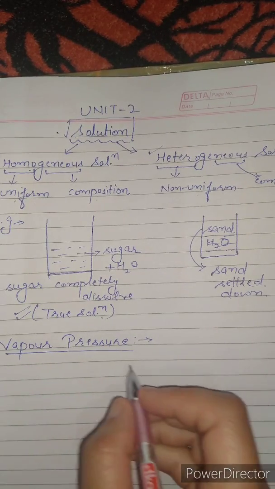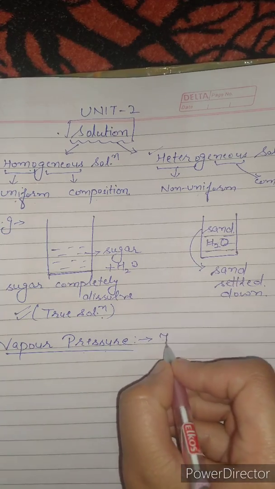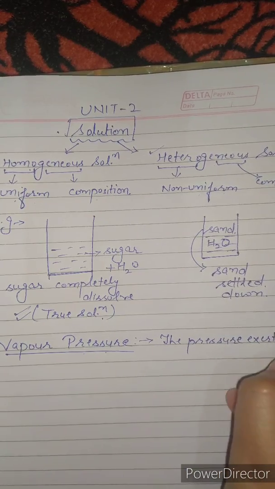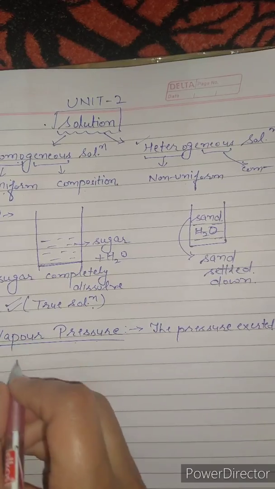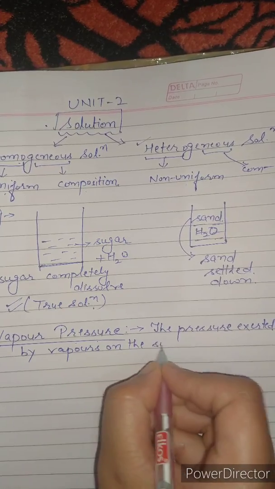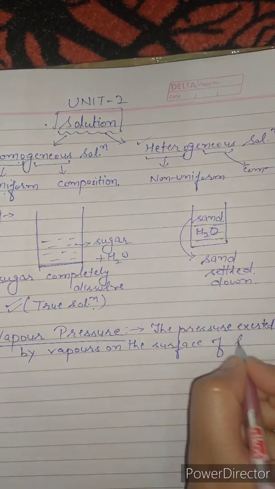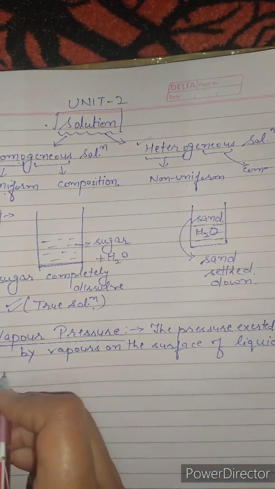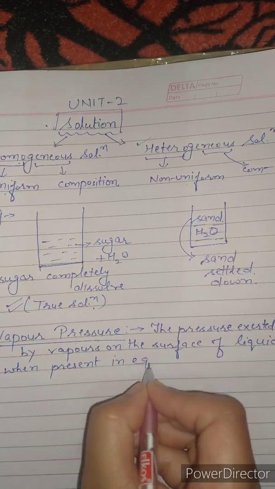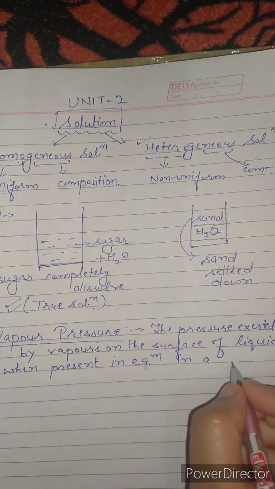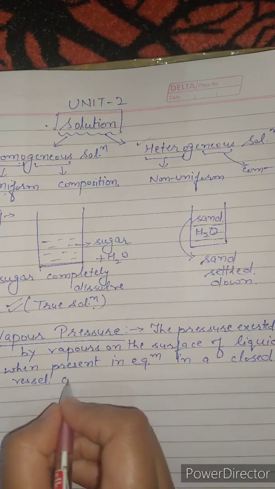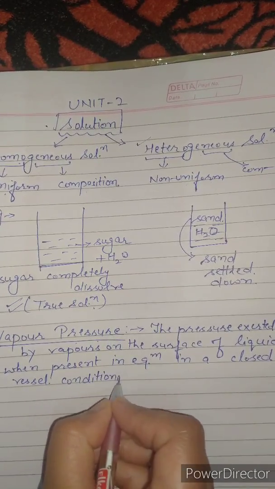As the term indicates, vapor pressure is simply the pressure exerted by vapors on the surface of liquid when present in equilibrium in closed vessel conditions.